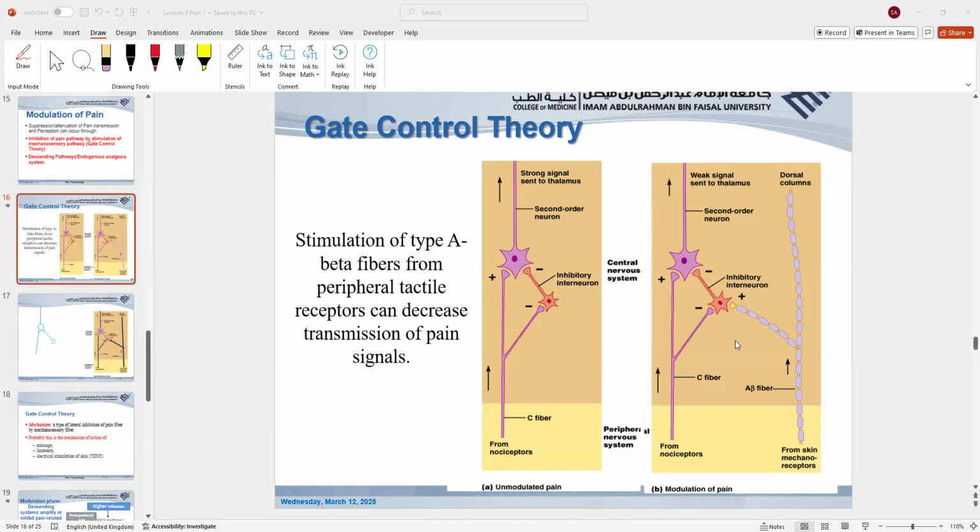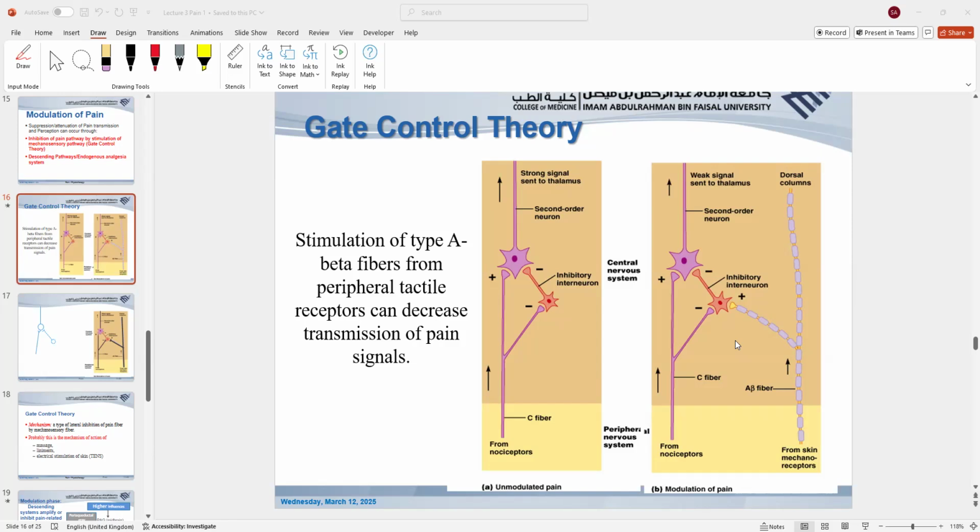So if the inhibitory interneuron is stimulated, it will inhibit the second order neuron in the pain pathway. So the signal that was going for the pain becomes weaker and weaker and weaker. So the person gets relief.